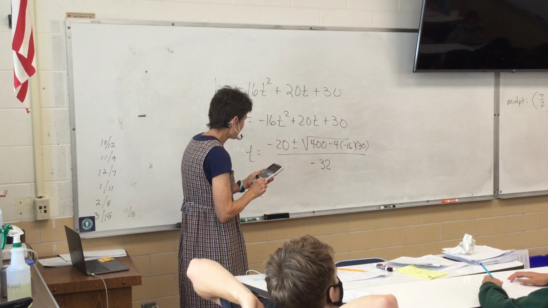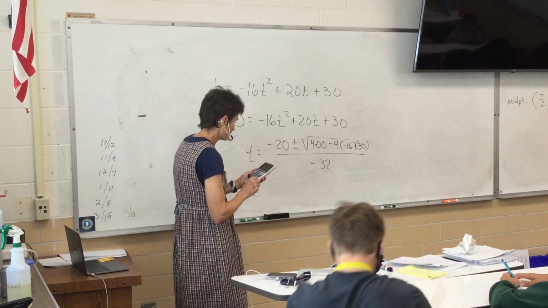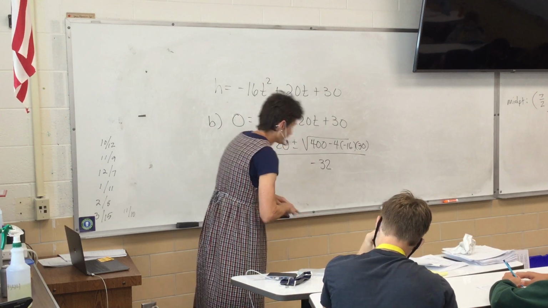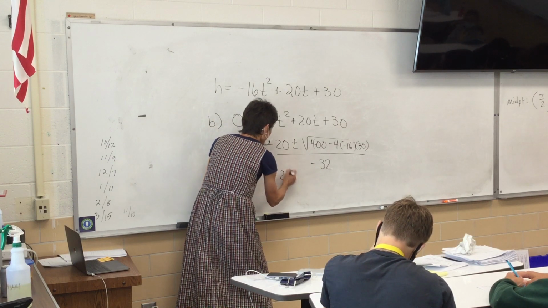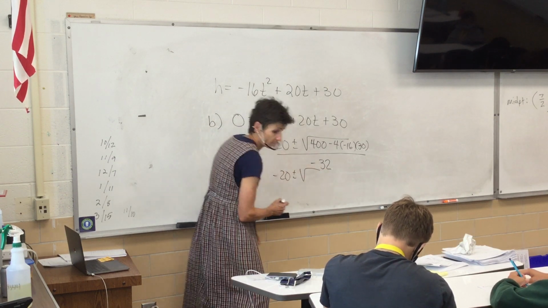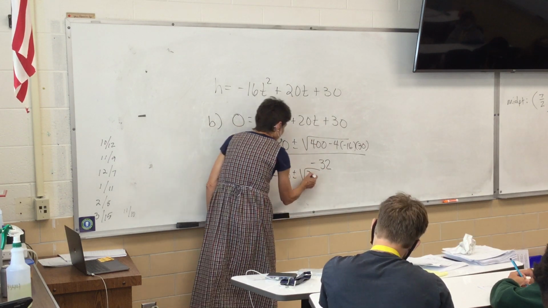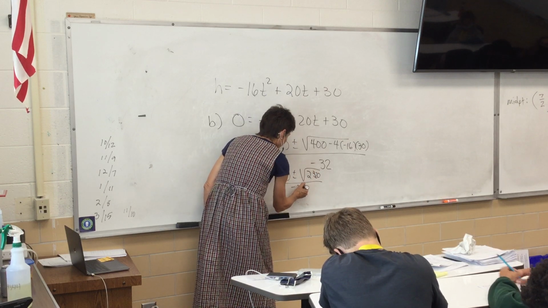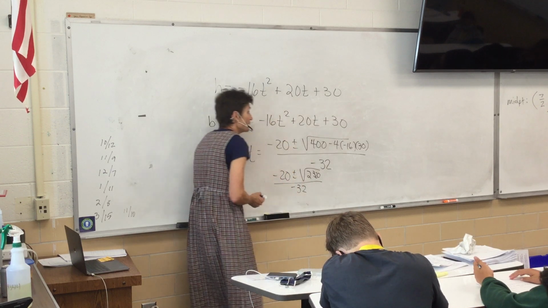Underneath there, I got 2320. Oh, I put it in the wrong number. I missed the 0 on the board. So I got negative 20 plus or minus the square root of 2320 over negative 32. Yes.